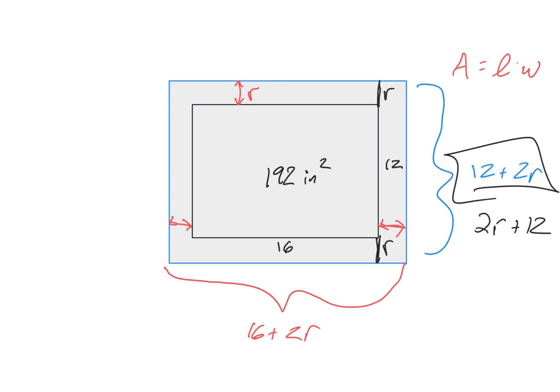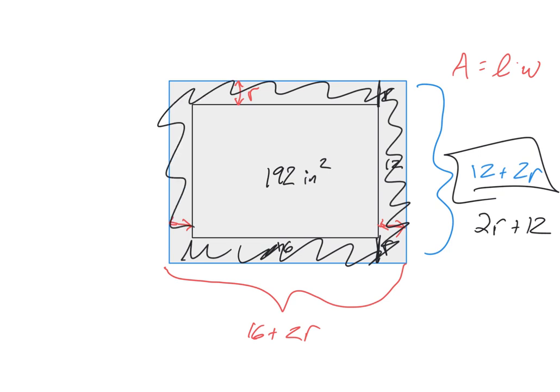This is math. So then what we're going to do is calculate area, because we were told that the area of the shaded region, or of the border, is 128 square inches. And we know just by looking at the rectangle that this inside rectangle is 192 square inches because it's 12 by 16.